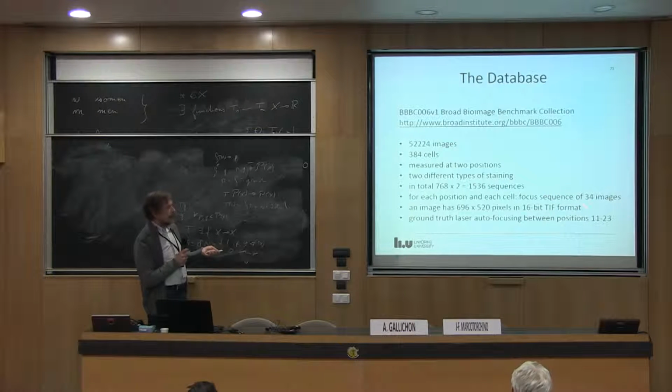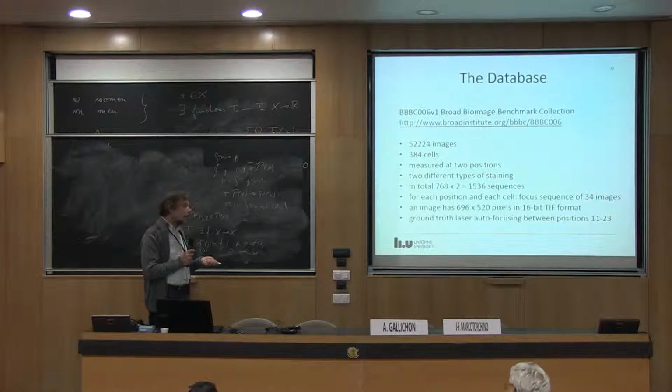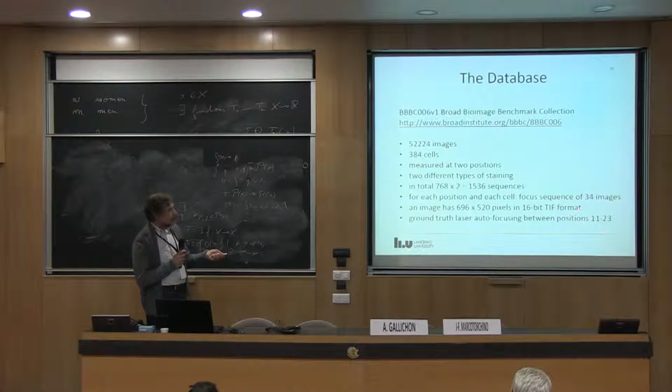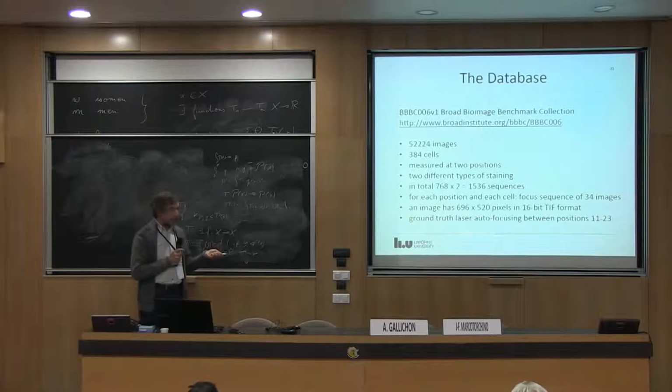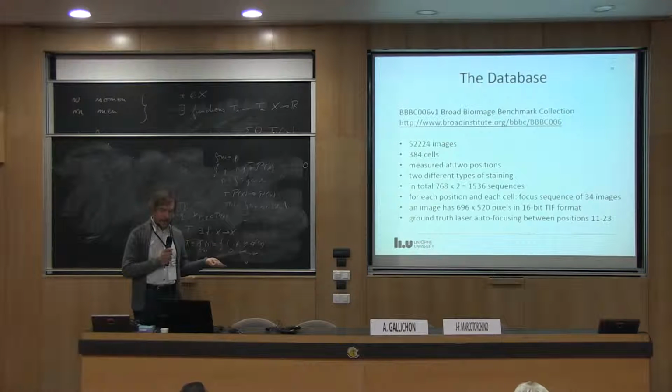And there is a standard result where they use some laser focusing procedure to define what is the sharpness region that is acceptable for this system. So everything between 11 and 23 is acceptable as an autofocus result.